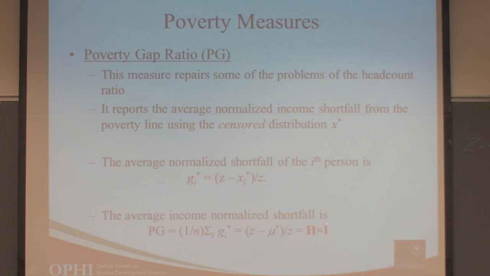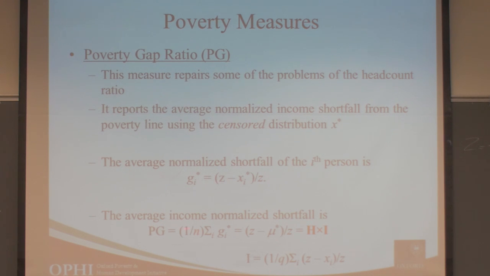And this measure can be presented in this form. H is the headcount ratio and I is the income gap only among the poor. I is the average income shortfall of only those who are poor.